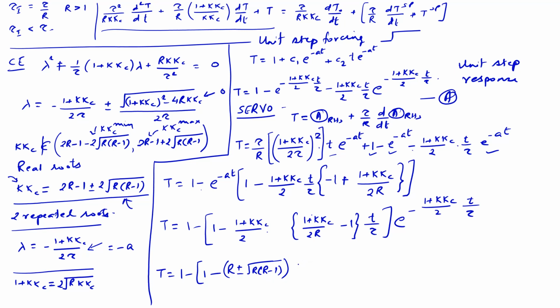The next term is square root of r divided by r minus 1, but you have to have a plus minus there.